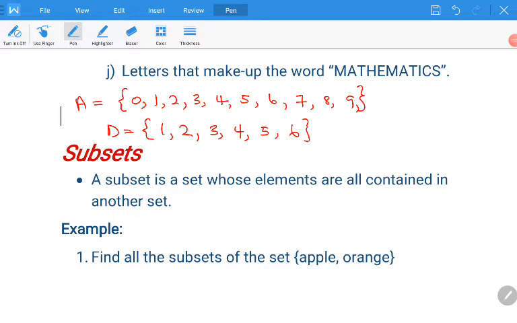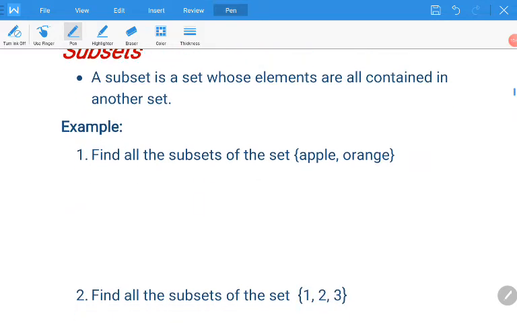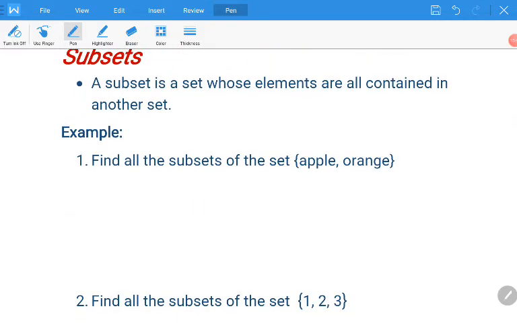So here we can see that D is a subset of A. All the elements that are in D are also found in A. So a subset is a set whose elements are all contained in another set.